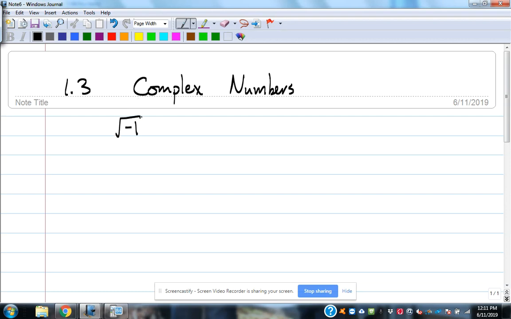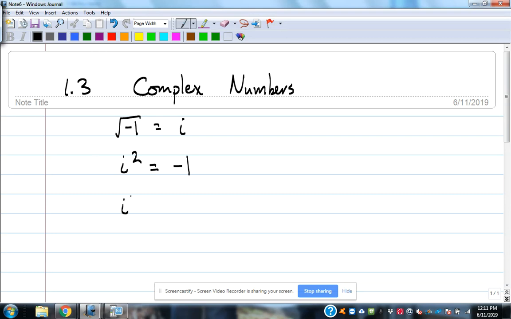So a negative 1 under the square root is what this i is representative of. Negative 1 under a square root gets you an i. So anytime there's a negative under a square root, you can automatically bring out an i and change it to a positive number. Okay, if you square i, you get negative 1.